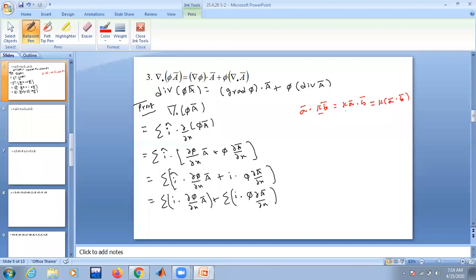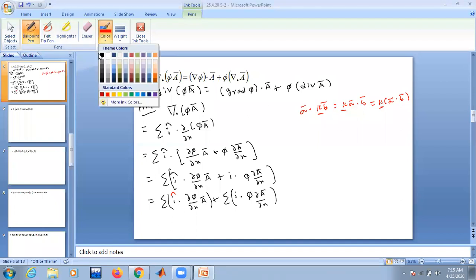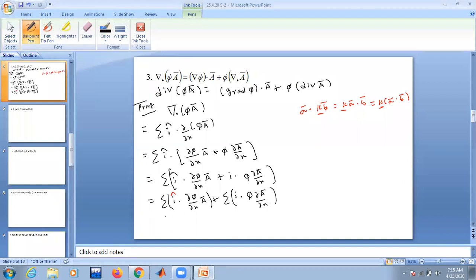This scalar can be placed anywhere. So in this expression, what is a scalar? i bar is a vector, A bar is a vector, dou phi by dou x is a scalar. So can I write this as sigma i dou phi by dou x dot A bar? I just brought this dou phi by dou x to the i side.